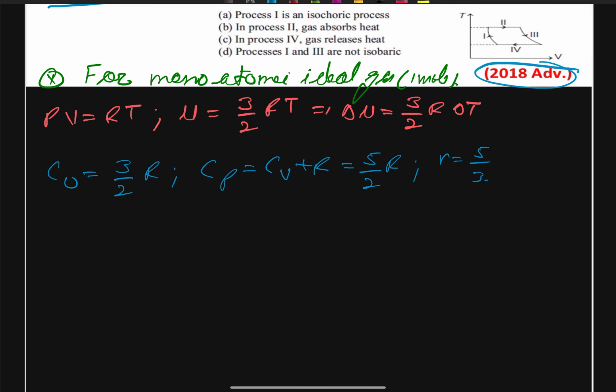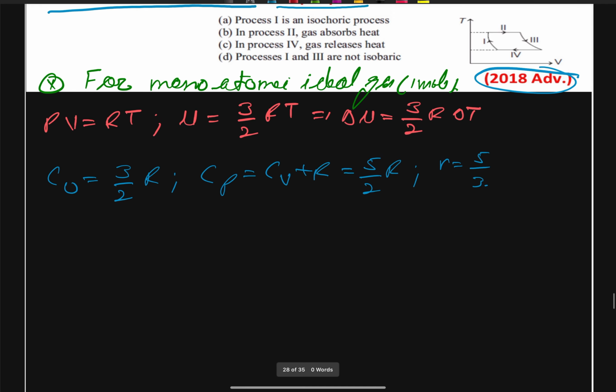And let us draw this process once again on a larger scale.